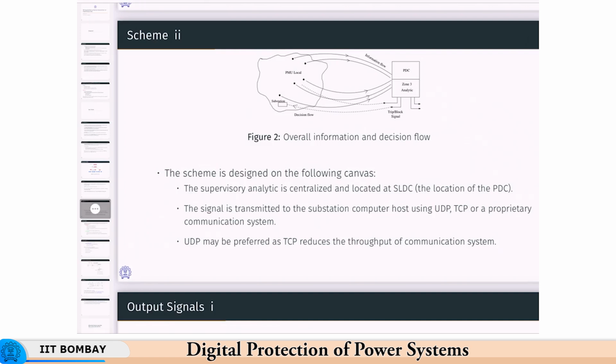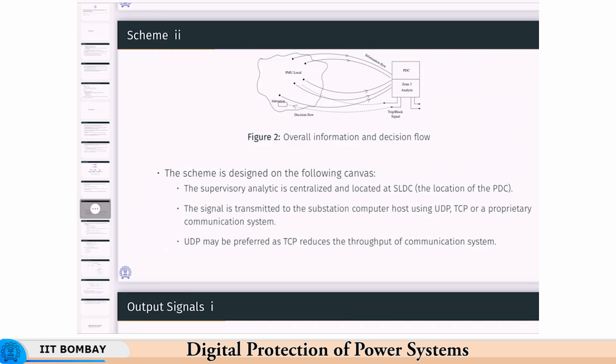The decision is made by the zone 3 analytic, which is running on the server there, and then depending on the results of that analysis, either a trip or a block will be issued, and then this will be relayed back to the substation host computer, and then from that to that particular relay, whether it has to be enabled or blocked.